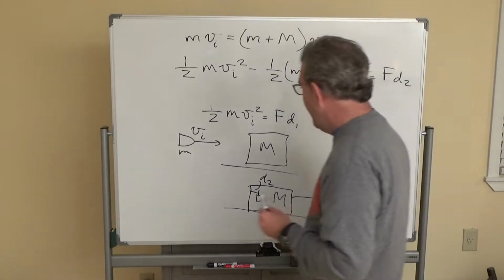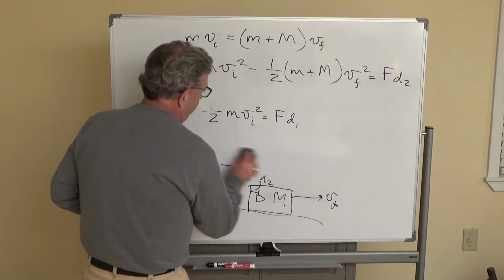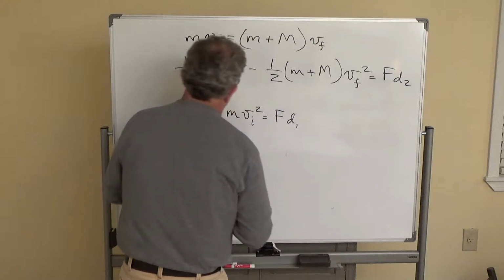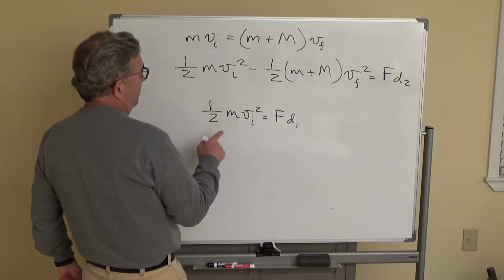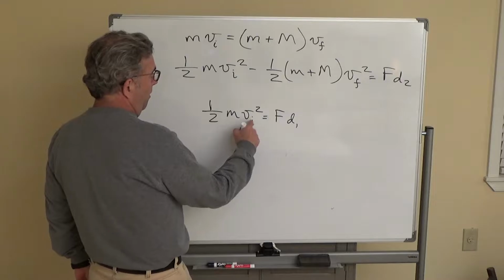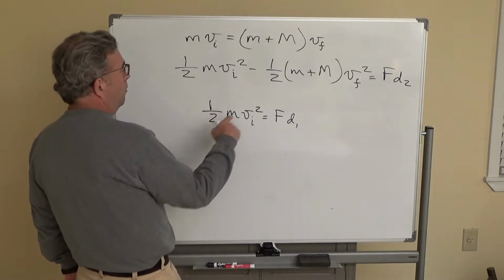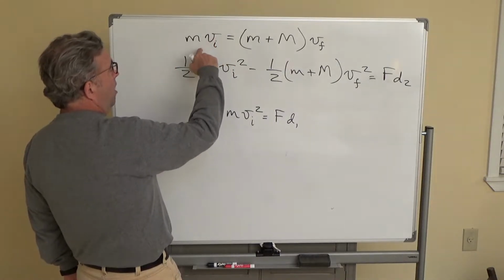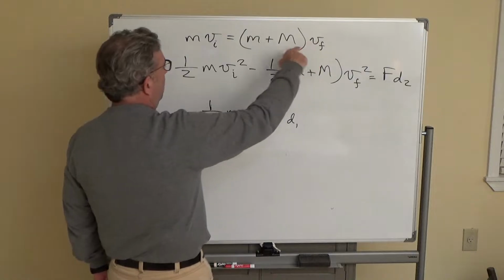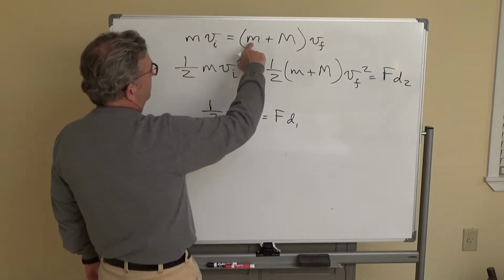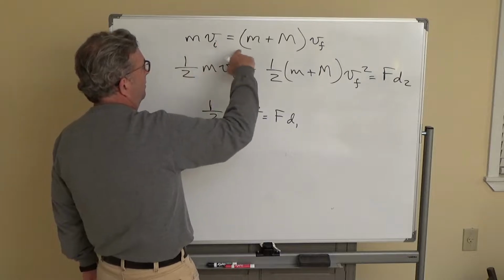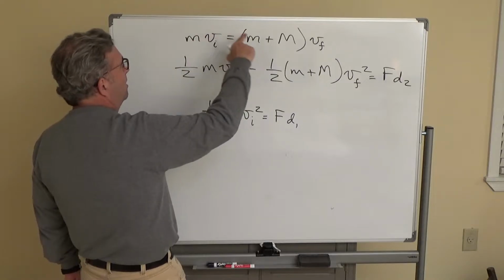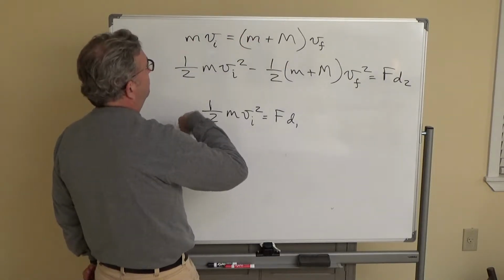All right, so I have these three equations. Okay? So look here. 1/2 m V initial squared is F D1. Well, I can make a substitution for this, and I also know that V final is equal to little m over little m plus big M times V initial.